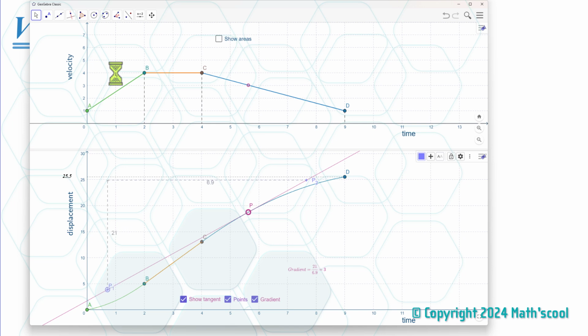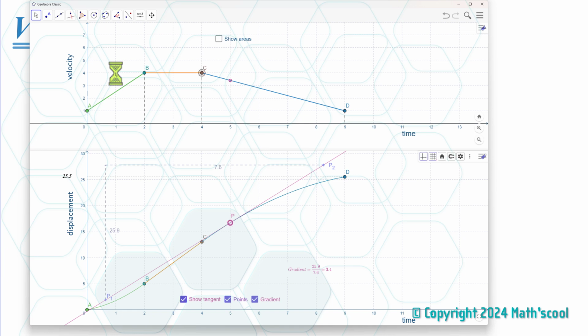It's jumping across for me, so it's not working out too brilliantly. Okay. And then as you carry on going here, the gradient gets less and less, and by the time you get to here, the gradient will have dropped to 1, which is what it started off at.